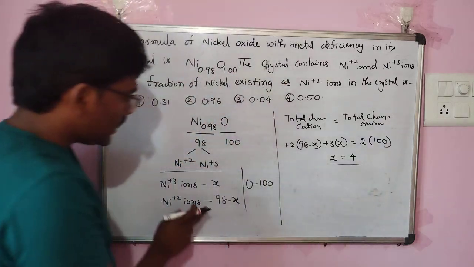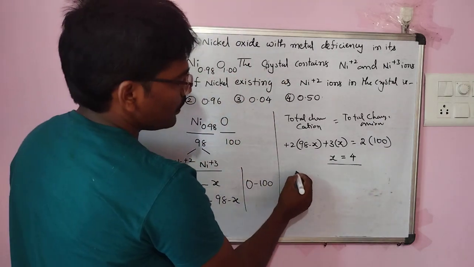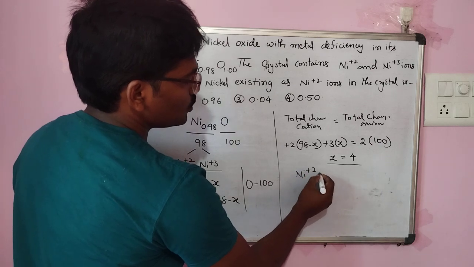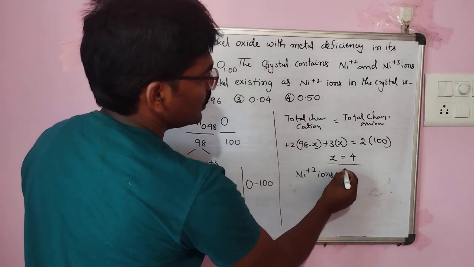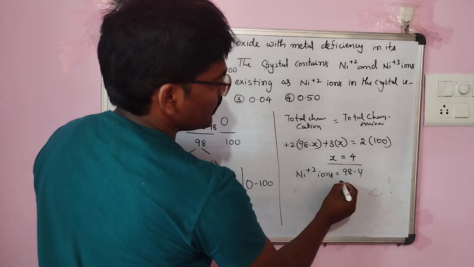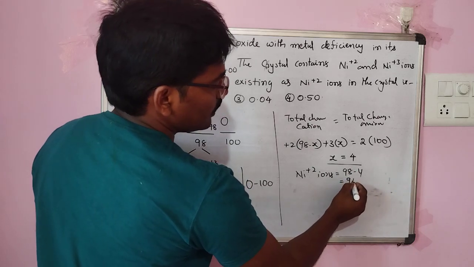Then what about the Ni+2 ions? Ni+2 ions are 98 minus 4, which is 94.